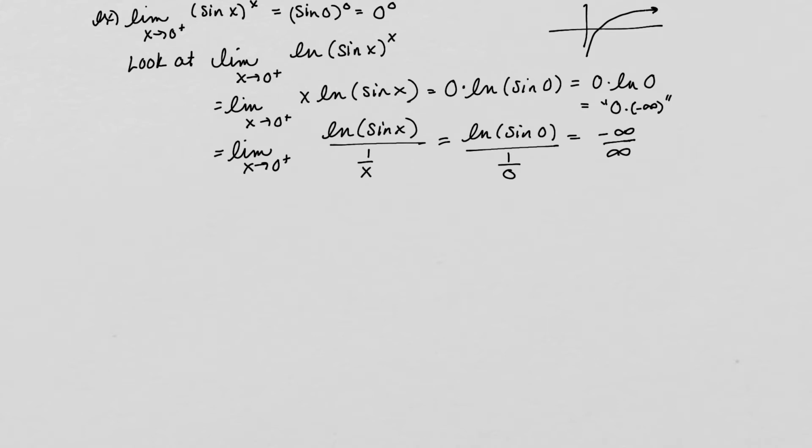It doesn't matter if you have a minus, two minuses, one minus, or no minuses. You have infinity over infinity. And so now we're in a place where we can do L'Hopital's rule. So limit x approaches 0 from the plus side. Okay, so we're looking at how do we take the derivative of the natural log of the sine x.